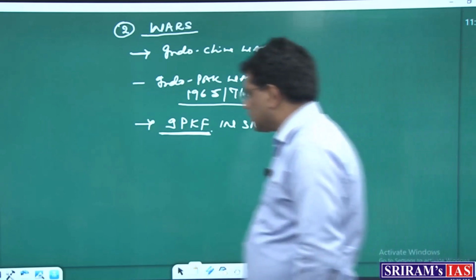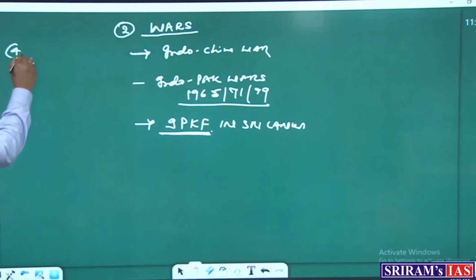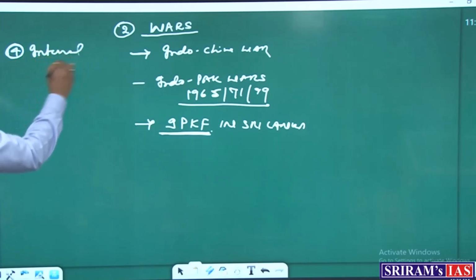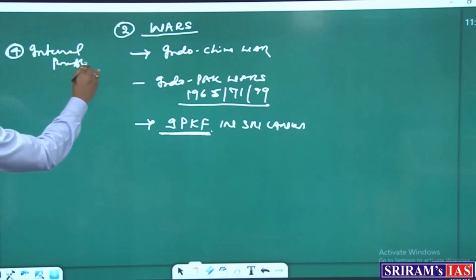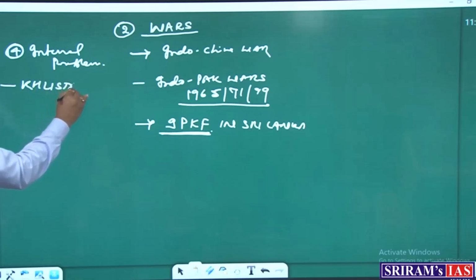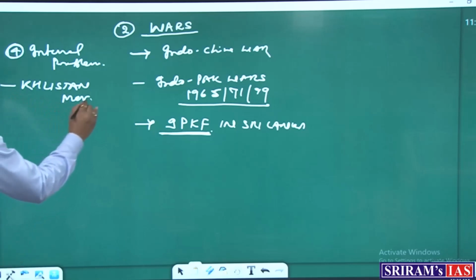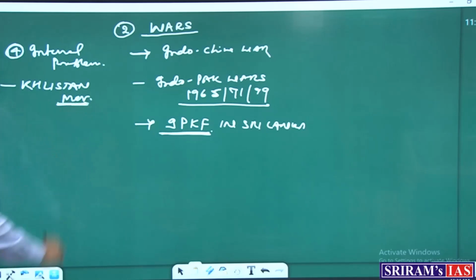Then fourth, we will study internal problems. Historically, we have the problem which is called Khalistan movement, which sometimes keeps on burning since last many decades.